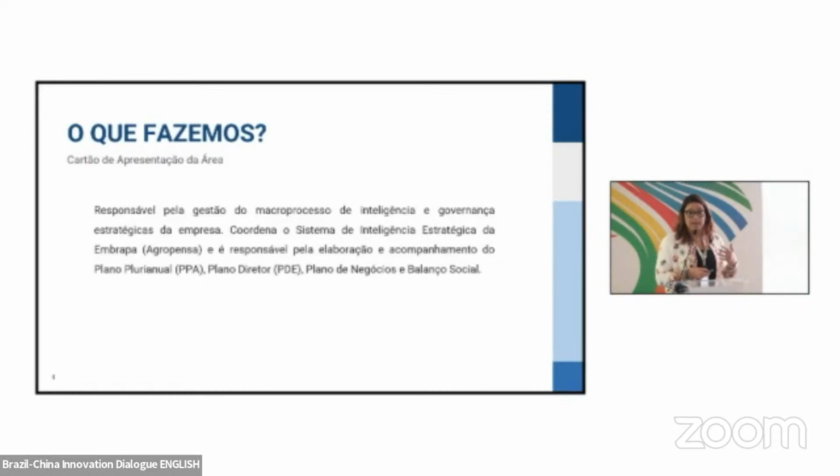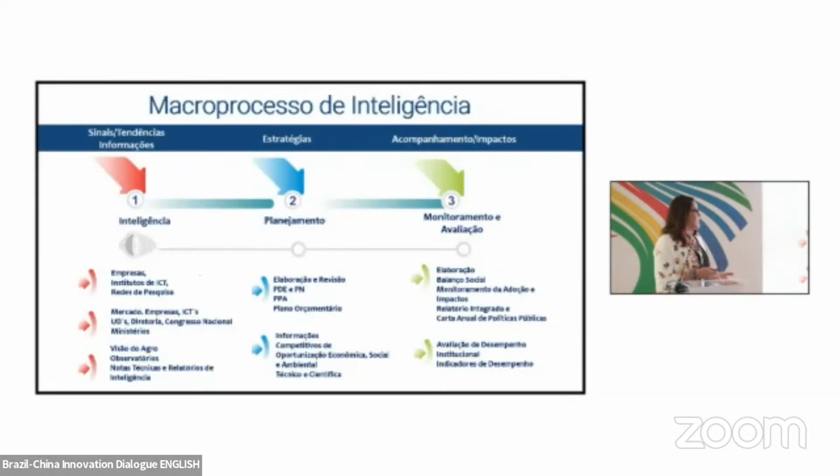Embrapa has held strategic planning since the 90s, and the macro process is divided in 3 great axes. The first is science, trends and information that has to do with strategic intelligence, capturing signals and trends in partnership.